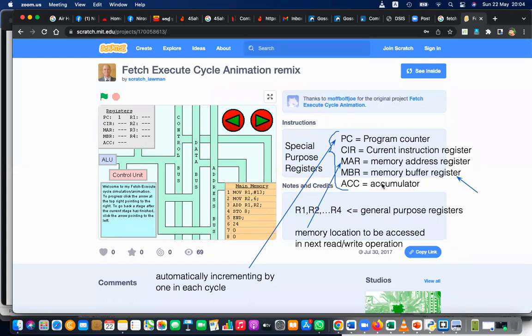Memory buffer register. In Hindi, you can say garam pani, garam masala, whatever, right? Just cooked material. Buffer means just prepared.